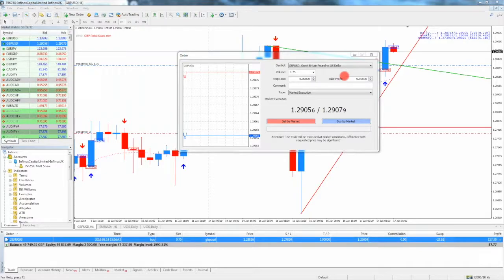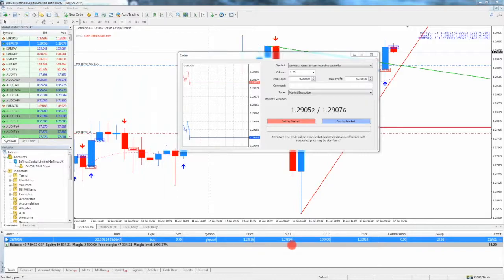So now let's do the calculation. If I was to lose $7.50 times 100 pips, that's $750 is my maximum risk on this trade, because I've got a stop loss of 100 pips.